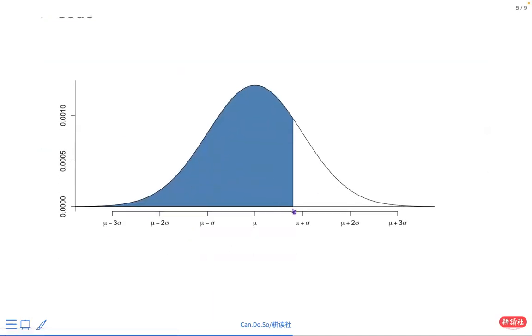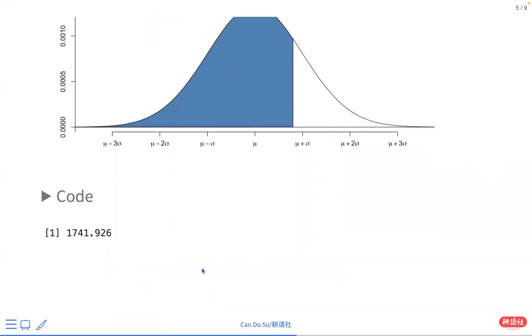For example, here is not exactly at one, two or three standard deviations. It's in the middle of one, a little lower than one standard deviation.